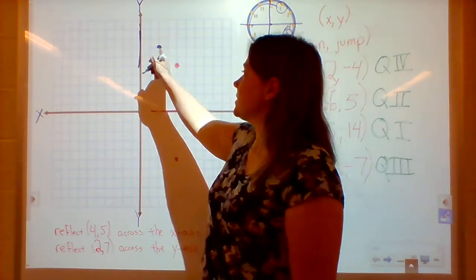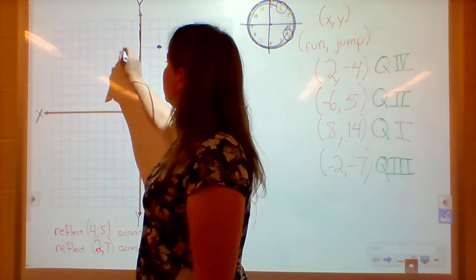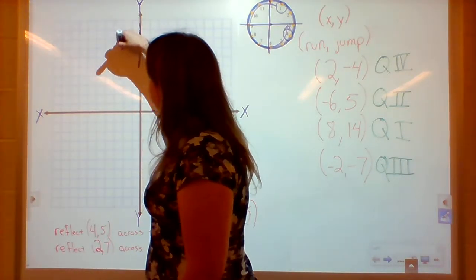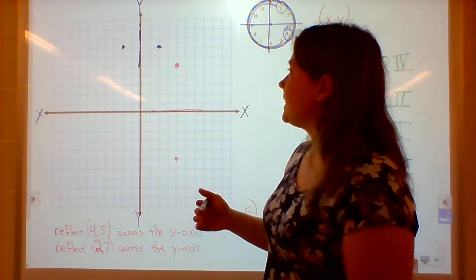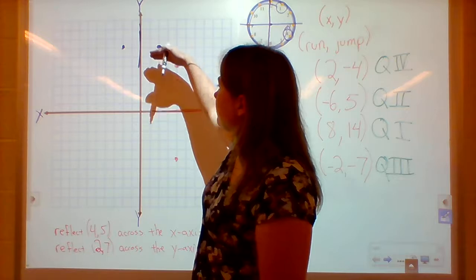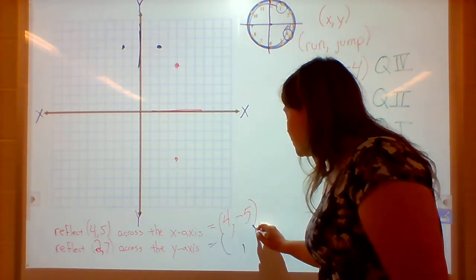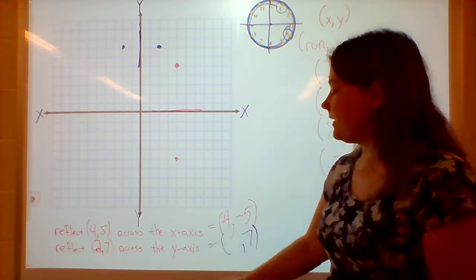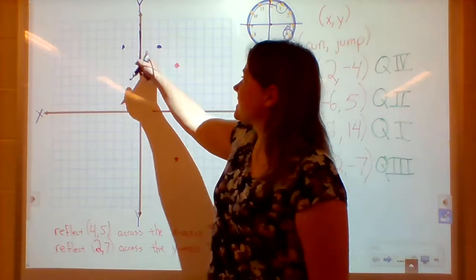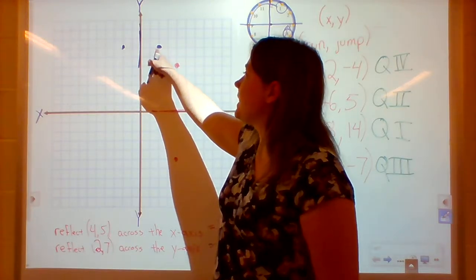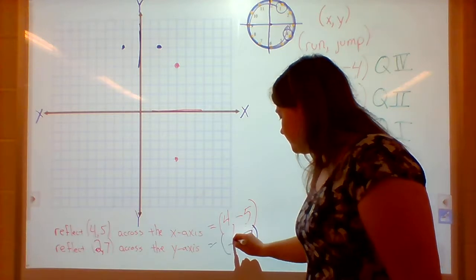So now, because it's 2 spots away from the mirror, I'm going to reflect it 2 spots away from the mirror, which means my new point is still going to be 7 in the air. So that jump is still going to be 7. The y stays the same. It's the x that's now different. Instead of being 2, now it's -2.